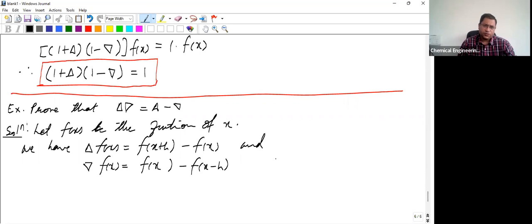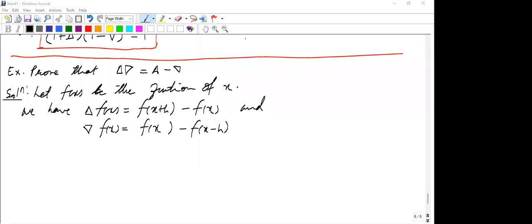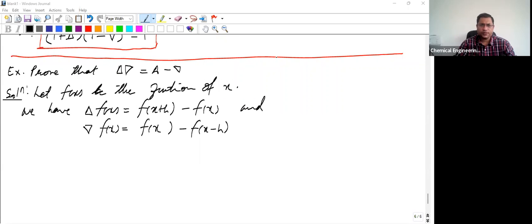Okay, is that okay? Are you getting this? Yes, sir. So now let us think of this operator. Consider delta and del operated on f of x.